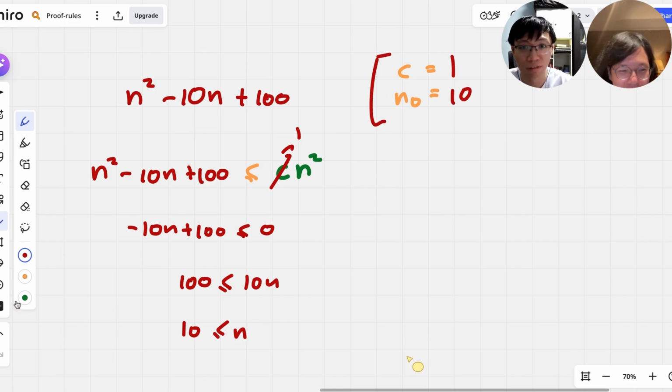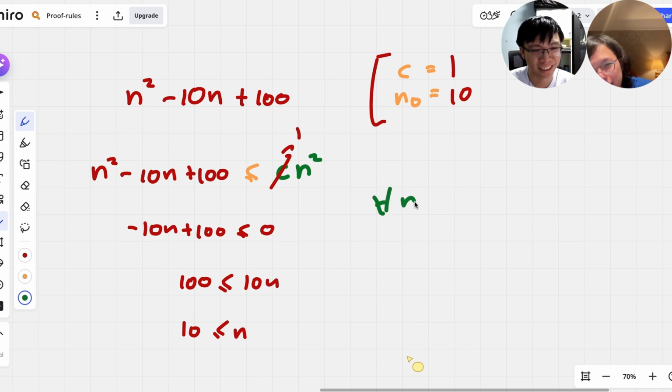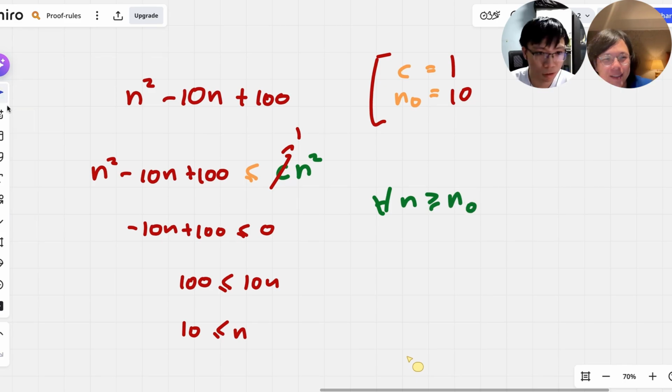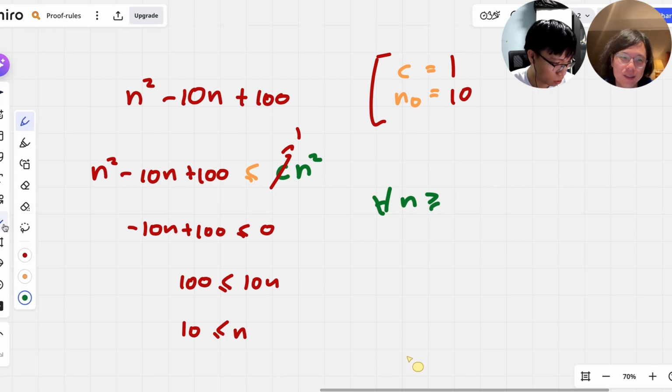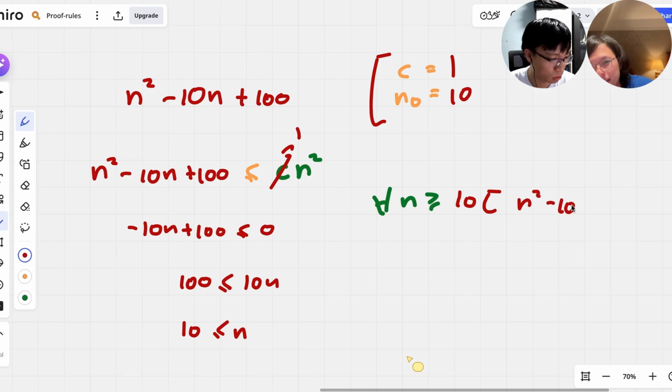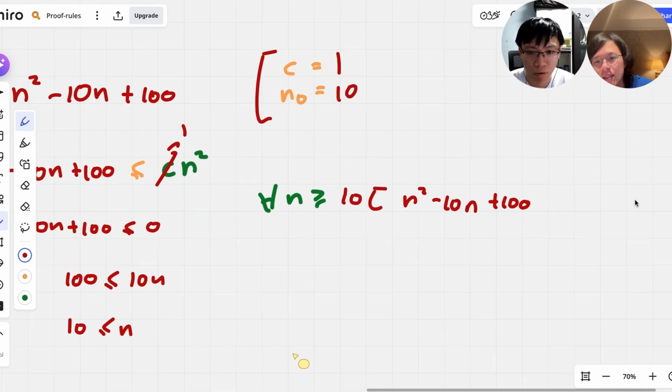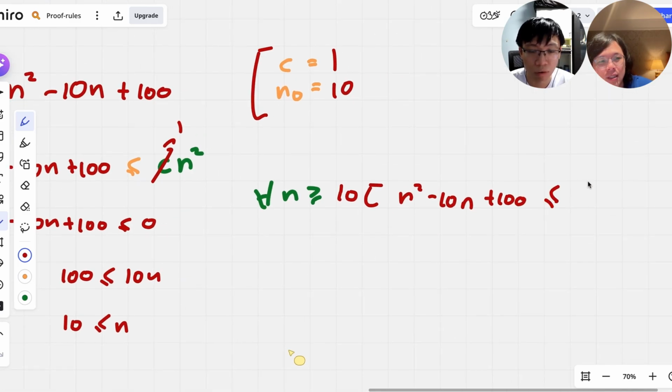So if you did this, this feels a lot like high school math, but now you can say for all n greater than or equal to n0, or well, I say n0, but actually what we mean is for all n greater than or equal to 10, we're guaranteed that n squared minus 10n plus 100 is less than or equal to n squared, pretty much.